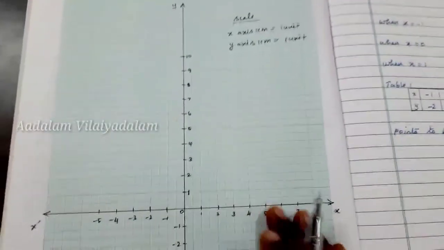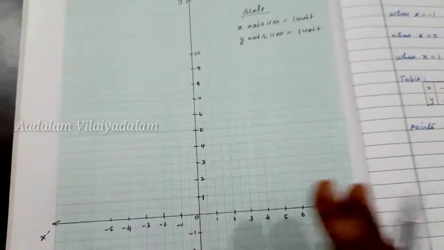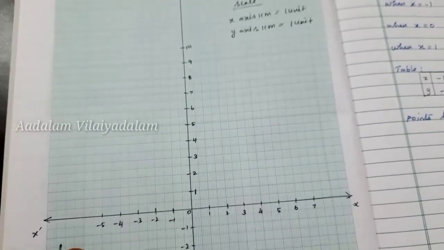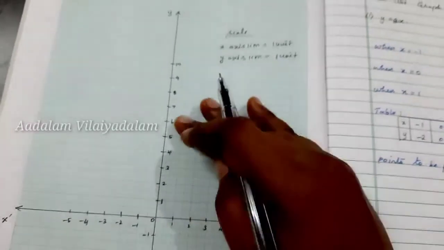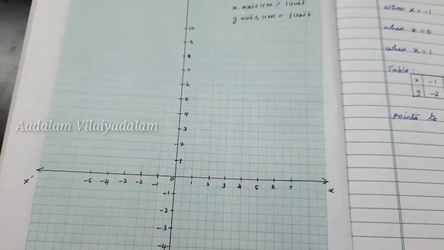So we can plot the positive numbers 1, 2, 3 on the right side and the negative numbers on the left side. In the same way, upward we plot positive numbers and downward we plot negative numbers of y.